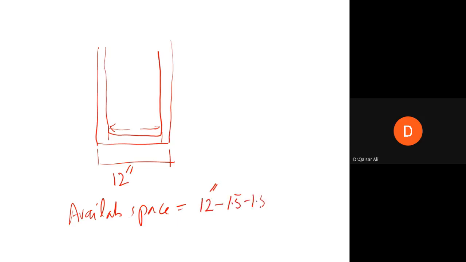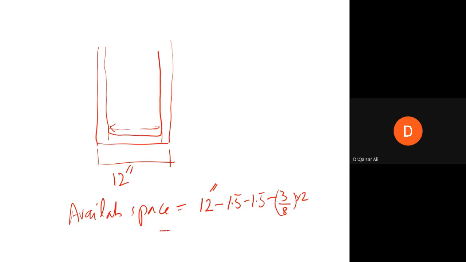Let's say the beam has a width of 12 inch. So 1.5 inch, 1.5 inch. The available space for the bars is 12 inch minus 1.5 minus 1.5 minus 3 by 8 on one side, minus 3 by 8 on the other side. This will become 3 by 8 multiplied by 2.